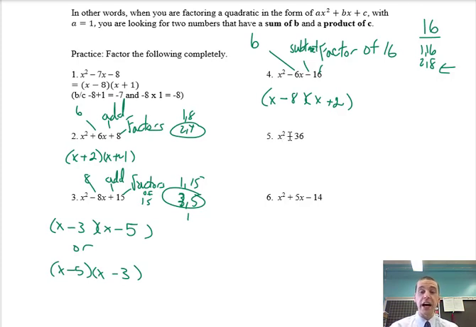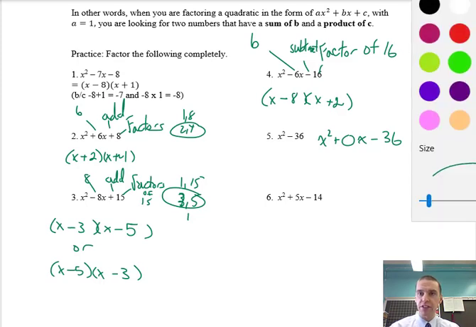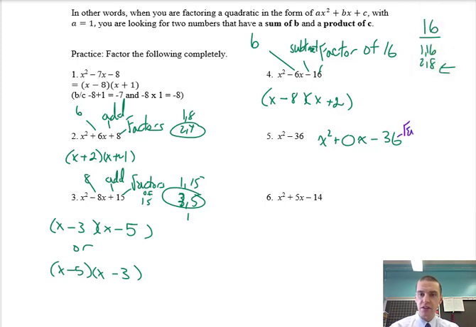We're going to look at number 5 here. Notice that there is nothing in the b value. So it's x squared plus 0x minus 36. Factors, again, factors of 36 that subtract to 0.